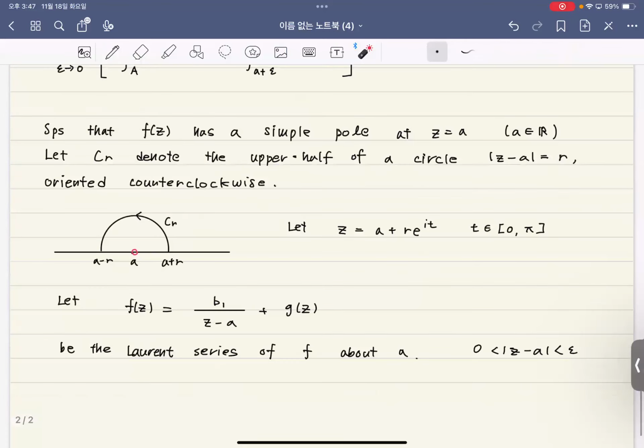Since we are assuming that we have a simple pole at this point, this is my one and only negative exponent of z minus a, and this coefficient is going to be my residue.